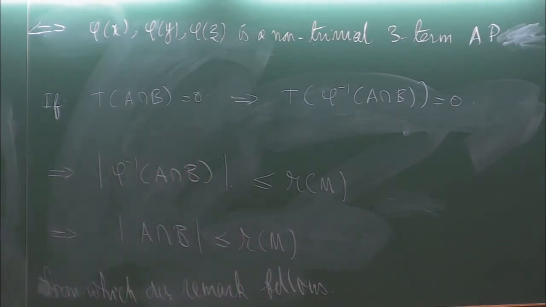Okay, so we see that we only have to count the number of B's in the family B such that A intersection with B is bigger than some particular number which is R of m. Once you count this, you get a lower bound for this family.